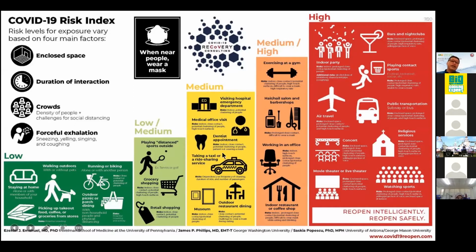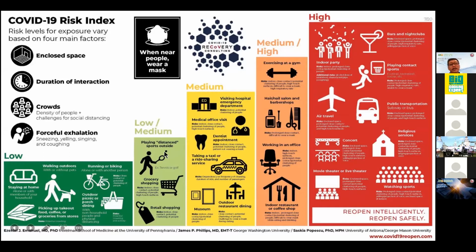So there is a study from, where is this from? This is from a university, right? For the COVID risk index, how do you rate it? Low is like normally you are at home, in an open ground, doing a single exercise per person, running, biking.